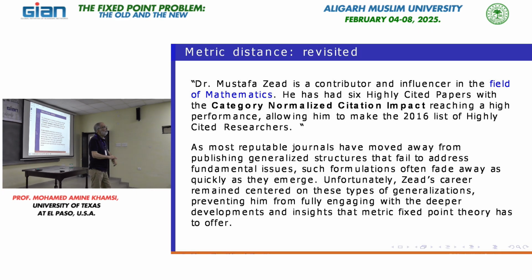The whole fixed point theory for Ziad is G metric. Till today. In fact, I was looking for him yesterday. His work is still related to this G metric space. In fact, journals are now not publishing papers on G metric. So you see the problem where it is.